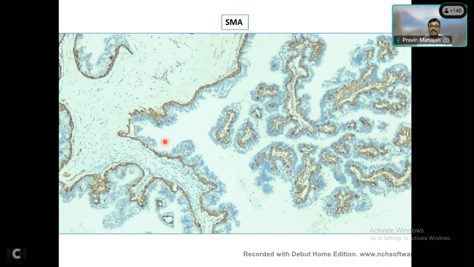When you are interpreting SMA, it is very important that when they mark the cells, you have to see that the cytoplasm has taken up the stain, and that there are blue nuclei which are actually not stained. That's how you should look for SMA positivity. Because what happens if you do SMA and there are a lot of myofibroblasts around, there is some inflammation which has happened in this lesion because of whatever reason, maybe infarction.